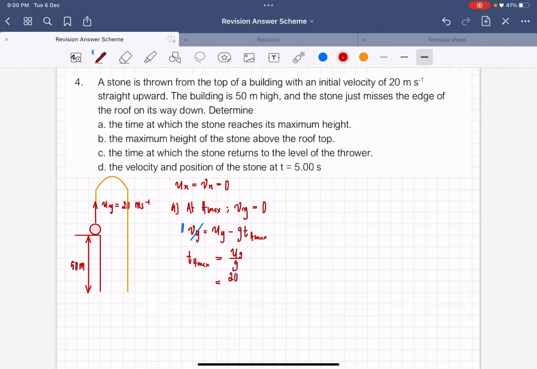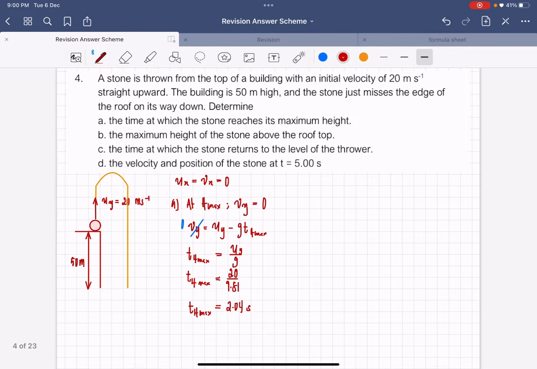So Uy is 20 over 9.81, which gives you, if I'm not mistaken, 2.04 seconds. Yes, it's correct. So 2.04 seconds is the time to reach the maximum height.